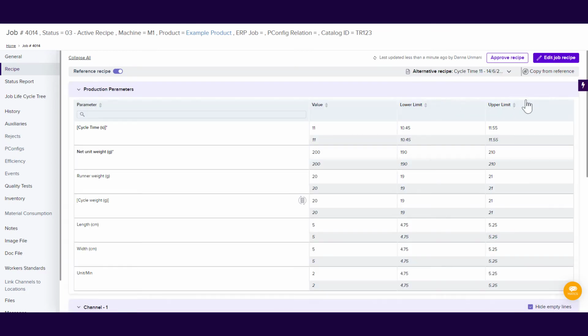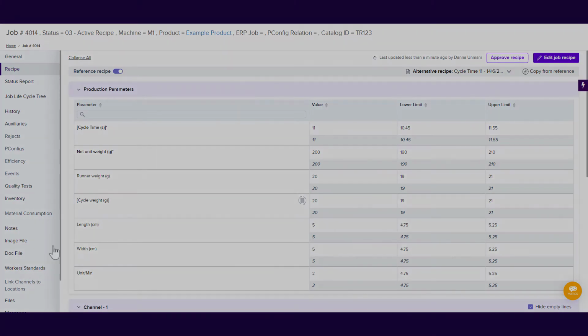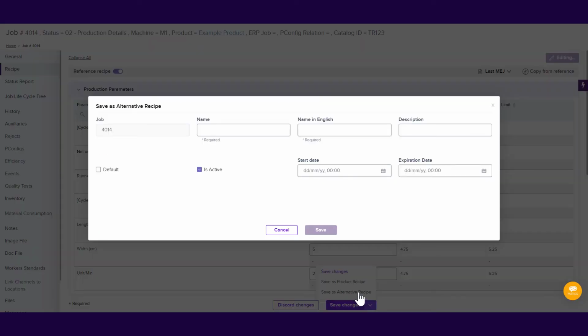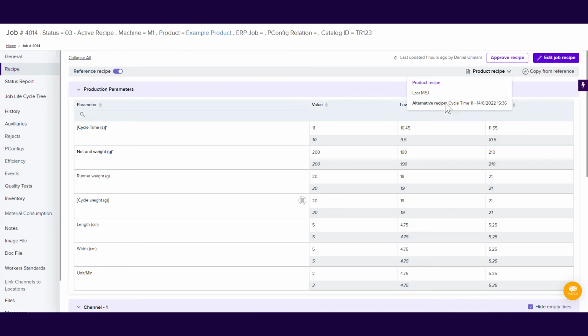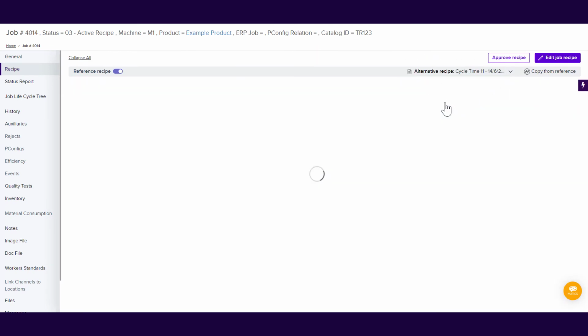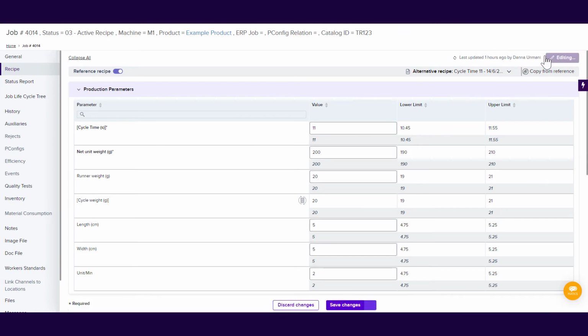Other reference recipes are alternative recipes, recipes that were set and used in the past and saved for reuse. Regardless of the recipe's source, you can also combine: first apply a reference recipe and then tweak some of the values to match the specifics of the job's context.